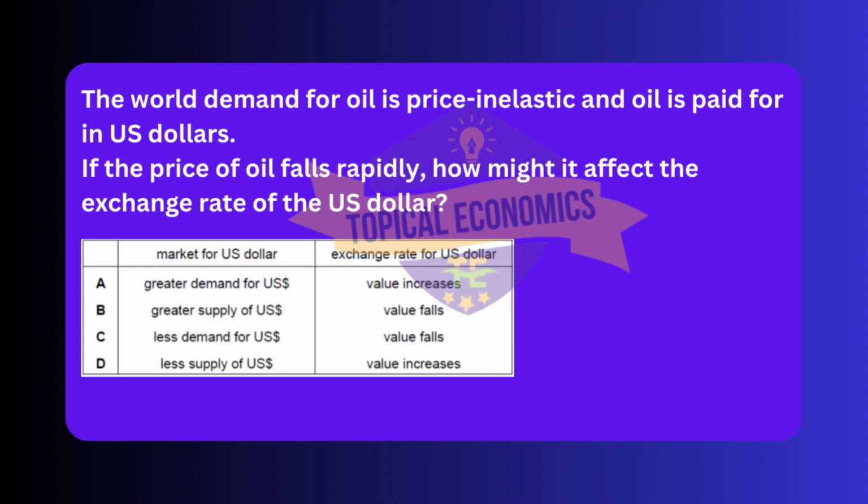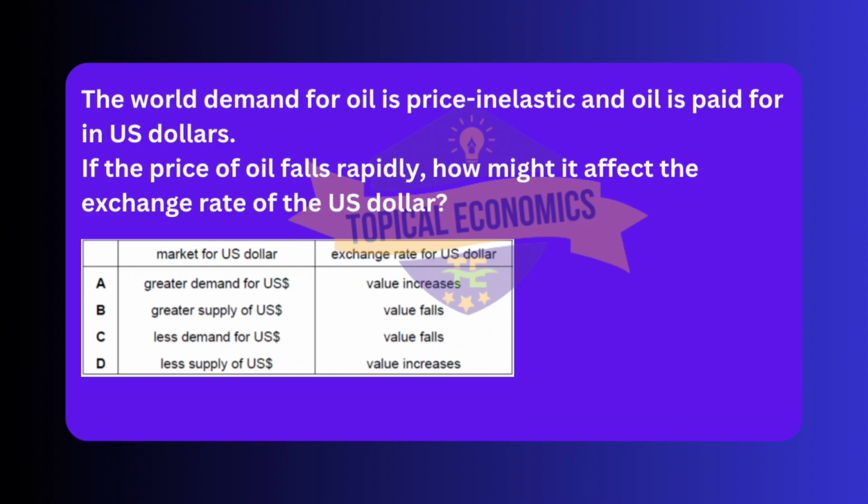If the price of oil falls rapidly, it is likely to lead to a decrease in the demand for the US dollar. This is because oil is traded globally in US dollars, and when oil prices drop, oil exporting countries, which earn US dollars from their oil exports, will see a reduction in their dollar revenues. As a result, these countries will have less need to hold US dollars and may exchange them for their own currencies.